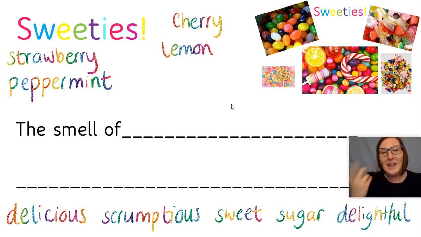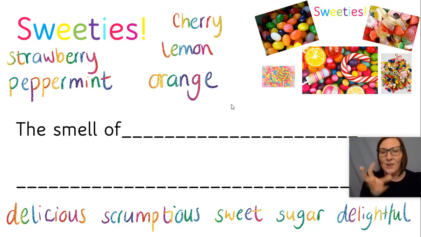And then I thought as well, you can get a cherry smell, which is my absolute favourite smell. I love anything cherry. Or lemon, and sometimes that can be quite sour. Did you try a lemon the other day when we were looking at senses and tastes? Did you? Fabulous. And then another one I thought, orange. You can definitely smell the orange sometimes in sweets.